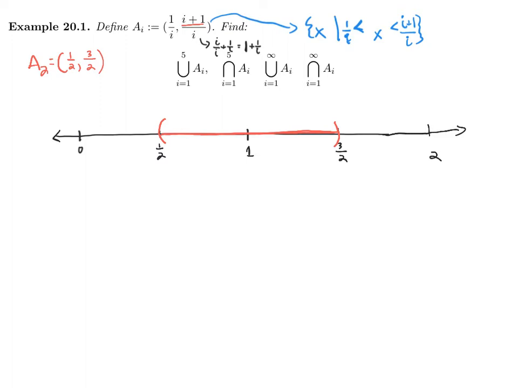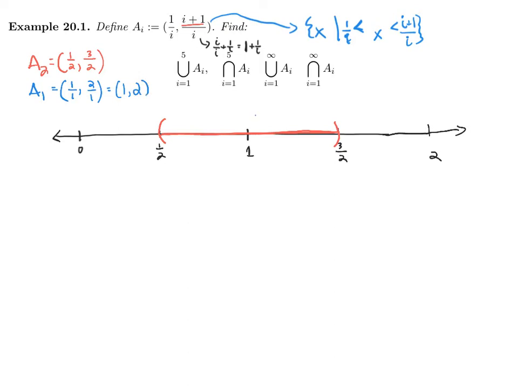There's A2. Let's explore another one. Let's explore, how about A1? I'll do A1 in blue. So A1 is going to be everything from 1/1, which is 1, to 1 plus 1, which is 2/1. And you can simplify this, of course, to the interval from 1 to 2.